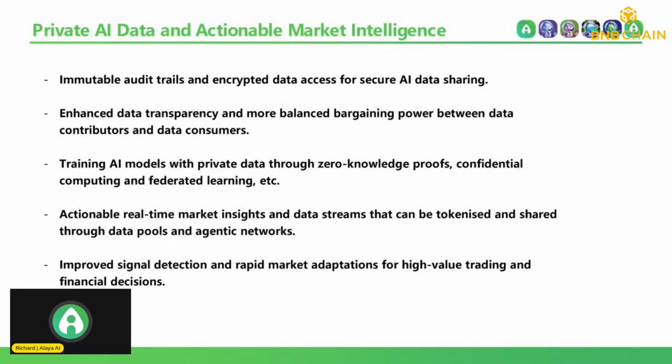For example, through tokenized AI models or shared revenue pools. So the net effect is that these technologies enable market intelligence to become more real time, more granular, and also more accessible for market participants without unintentionally leaking alpha, in crypto degen terminology.